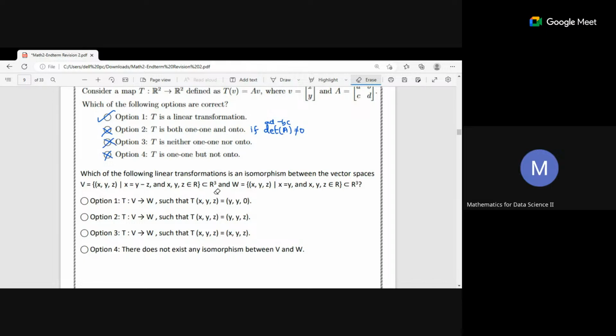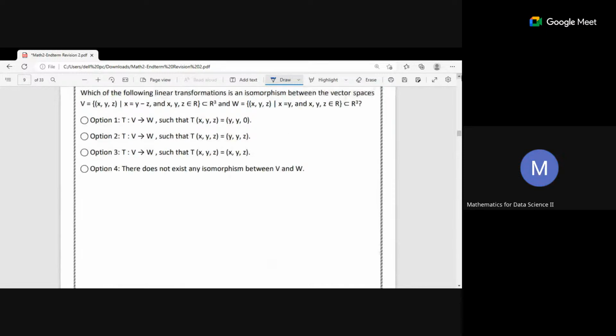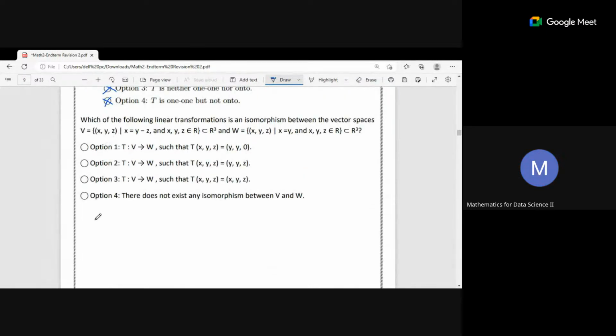So the next option here is: which of the following linear transformations is an isomorphism between the vector spaces? First of all, will there be an isomorphism between these two spaces? How will you verify? By checking the dimension. What is the dimension of V here? V is (y minus z, y, z)?